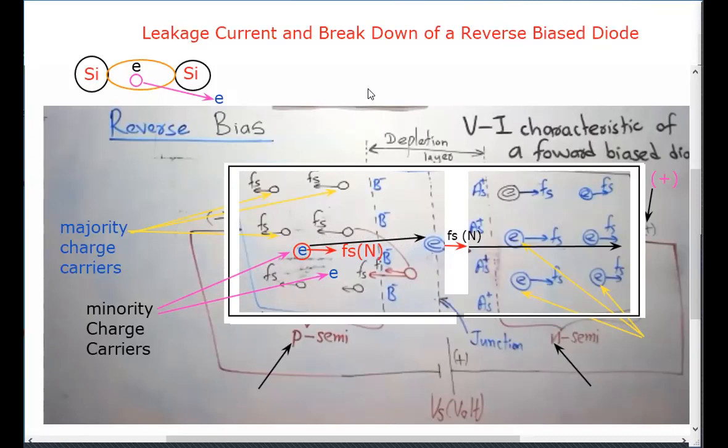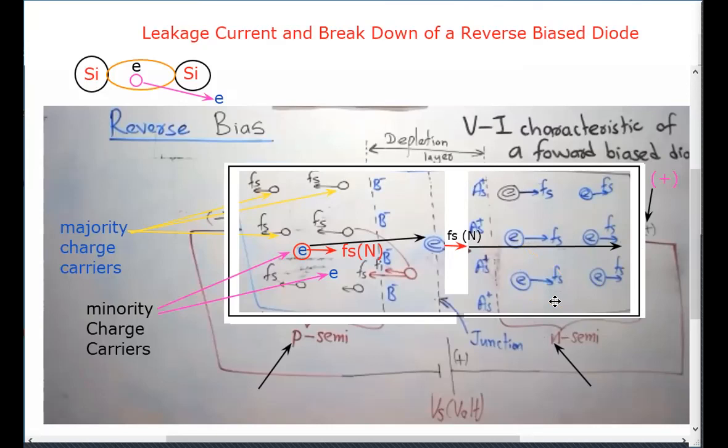That current is known as leakage current.